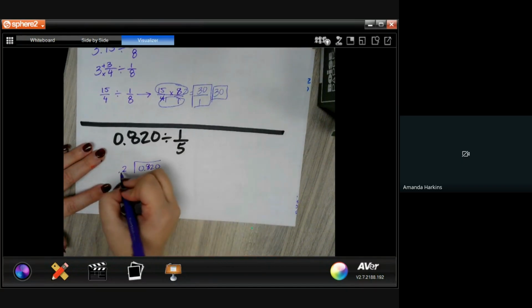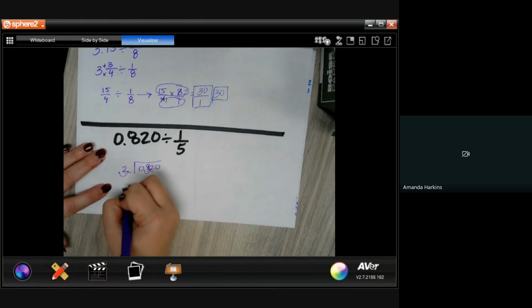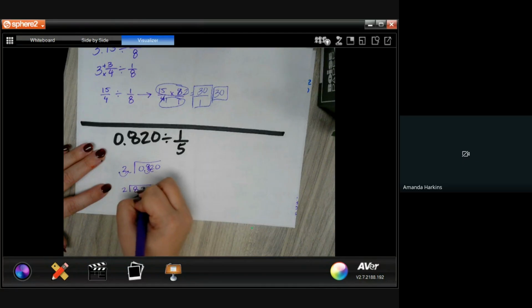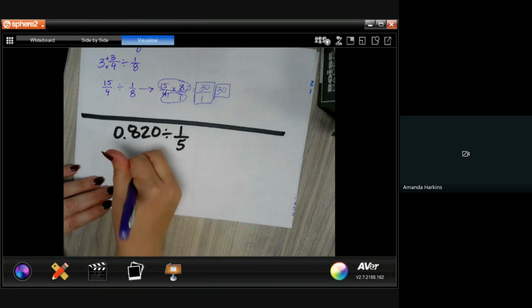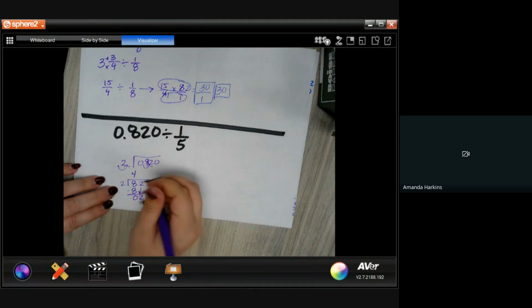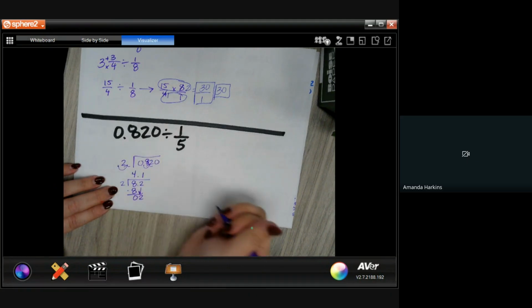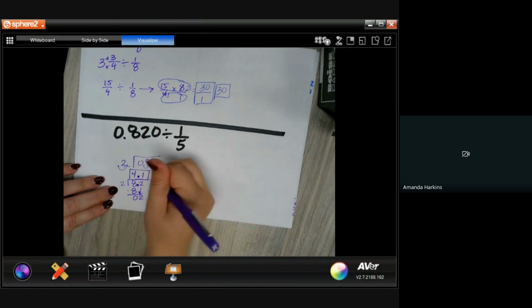Okay, I can move that one time. So I have 2 on the outside and then 8.20 or 8.2 on the inside. 2 can go into 8 4 times. Subtract that 0, bring down my 2. 2 can go into 2 one time. Don't forget that decimal. So I get 4.1.